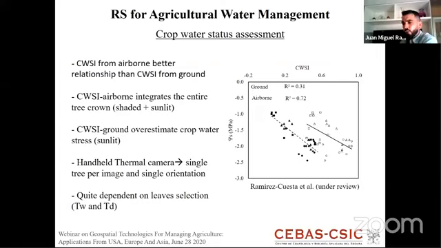Another disadvantage of using handheld thermal cameras is that they usually capture a single tree per image, which can hinder the inter-tree canopy temperature comparison.